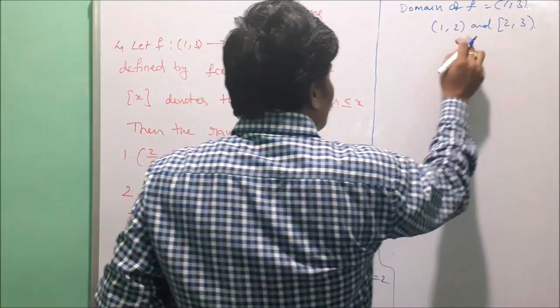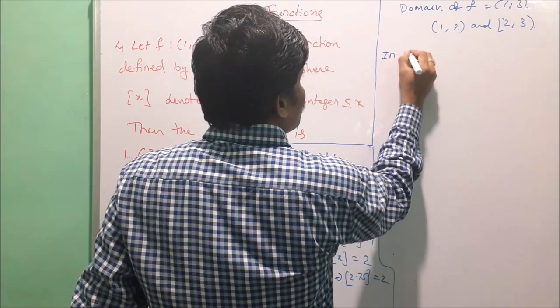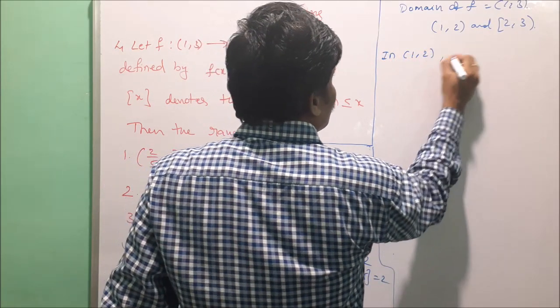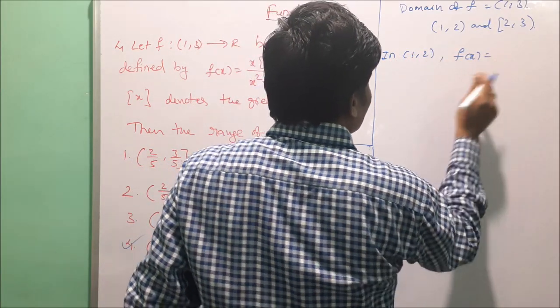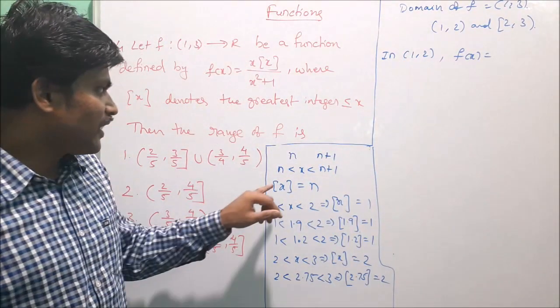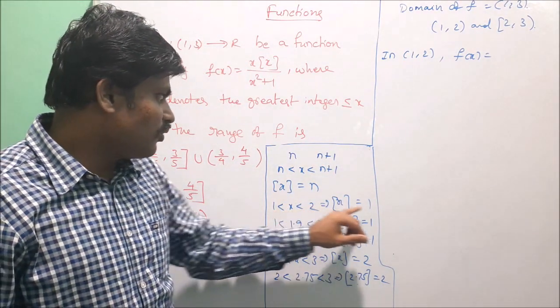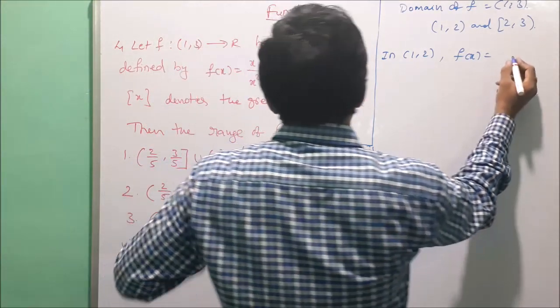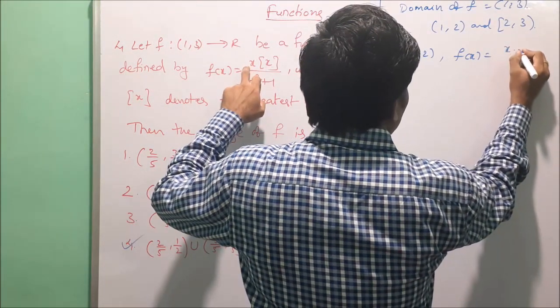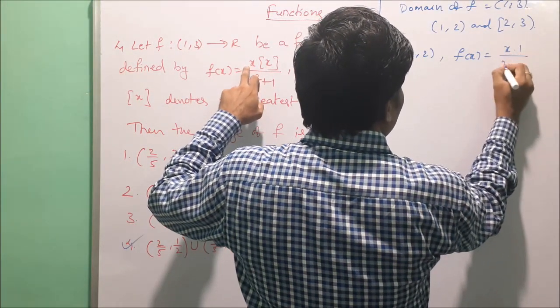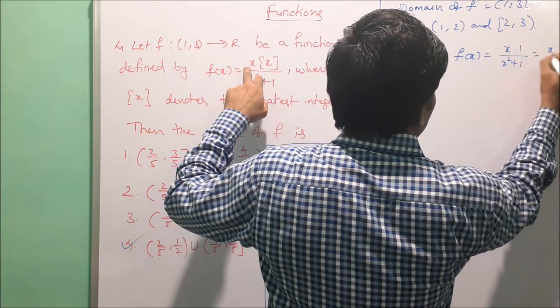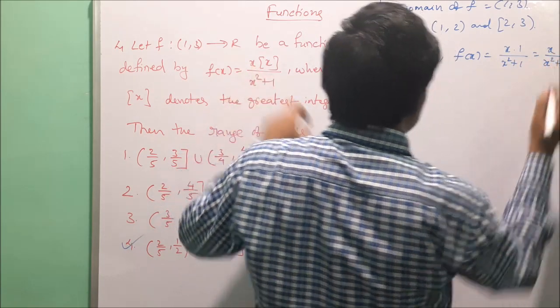Now in the first interval, open 1 comma 2, f of x equals x into the greatest integer of x, which is 1, by x square plus 1. That is x by x square plus 1.